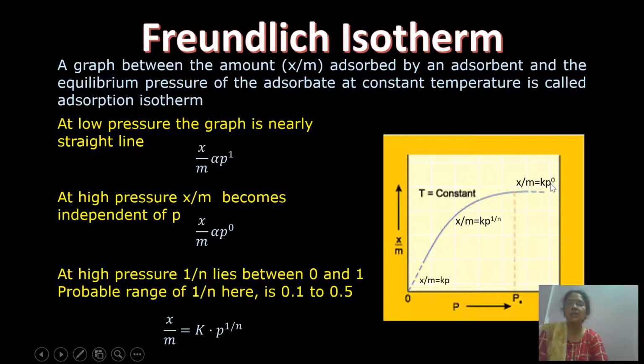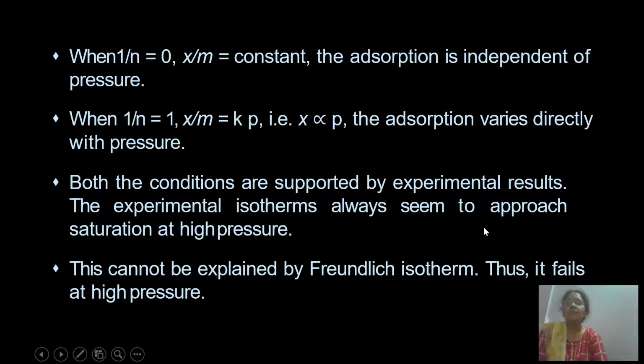It means that it becomes independent of the pressure, and at the intermediate range between 0 and 1, x by m is equal to kp^(1/n). If 1 by n is 0, it means x by m becomes constant.